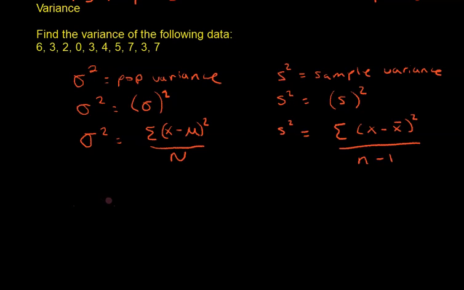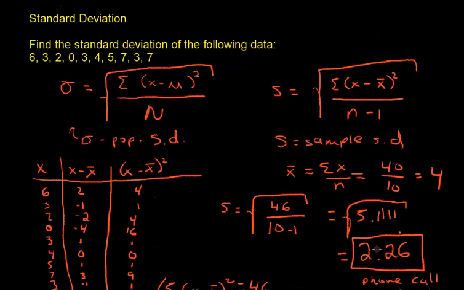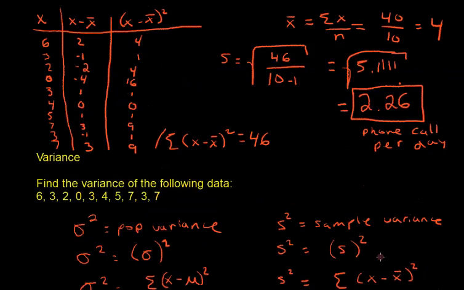In the previous video, we calculated the sample standard deviation for this data set to be 2.26. Let's scroll up so I can double check that. Yeah, this is the previous video, 2.26.